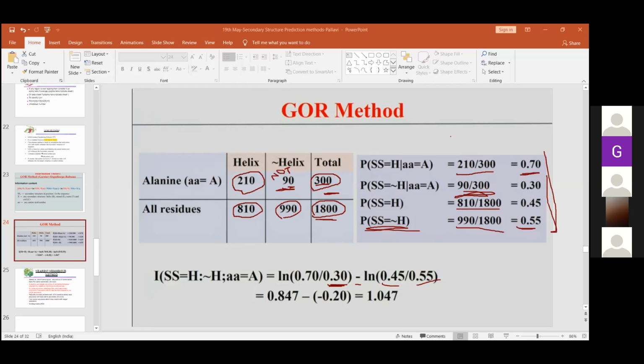So once I have calculated these four for a particular amino acid, I can find out the information content, which is this 1.047. So I hope you have understood.